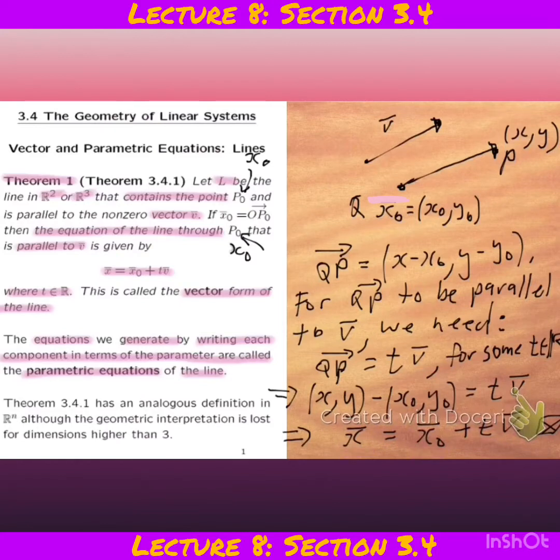Now, Theorem 3.4.1 has an analogous definition in Rn. So you can basically use the same argument to include 3 or more dimensions. And like I said here, the geometric interpretation is lost for the dimensions higher than 3.